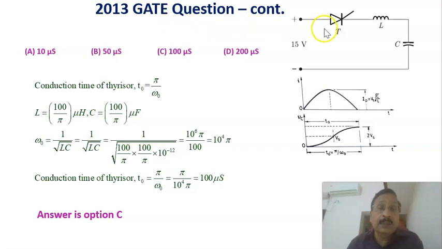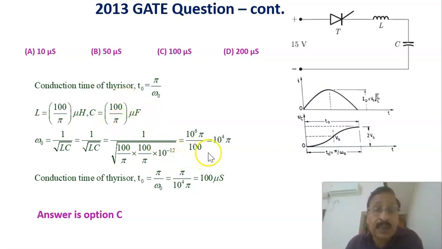Now, continuing the same problem, the duration for which the thyristor is conducting is equal to pi by omega naught. For that, first we have to find the resonant frequency omega naught, which is given by 1 by root of LC. The L value is given as 100 by pi microhenry and the C value as 100 by pi microfarad.